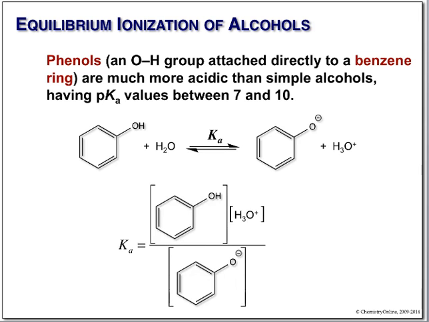And for phenol itself, the equilibrium constant is about 10 to the minus 10. It's 1,000,000 times more acidic than ethanol. And that's because we resonance stabilize the oxyanion.